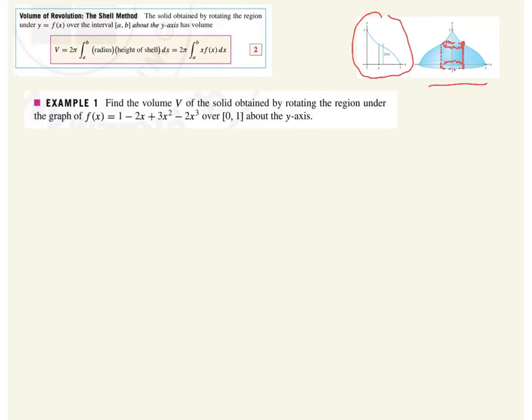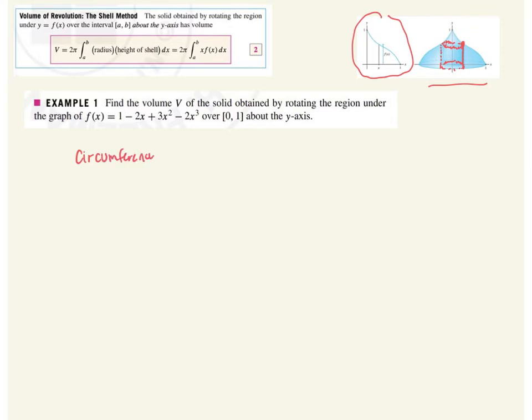So if we had done this the other way, right, if we were just thinking rotation, disk or washer method, we would be spinning horizontally, which means that our radius would be an x equals, which means that we would have had to solve this equation for x equals, and that would not have been possible. So this method is much, much easier. Because in this case, now I like to break this up. I like to think first, what is our circumference?